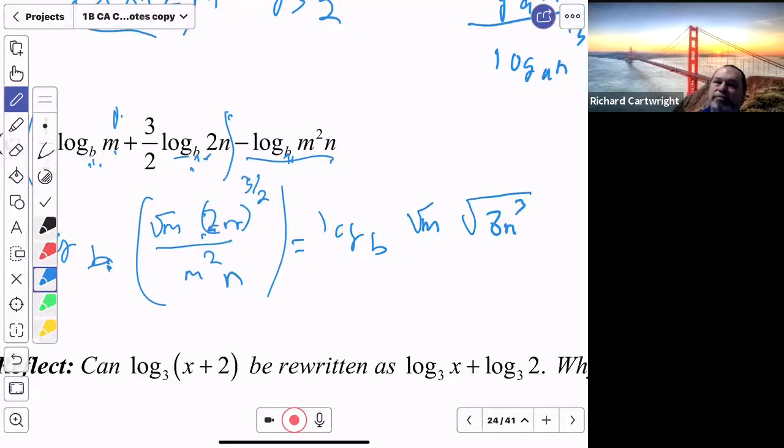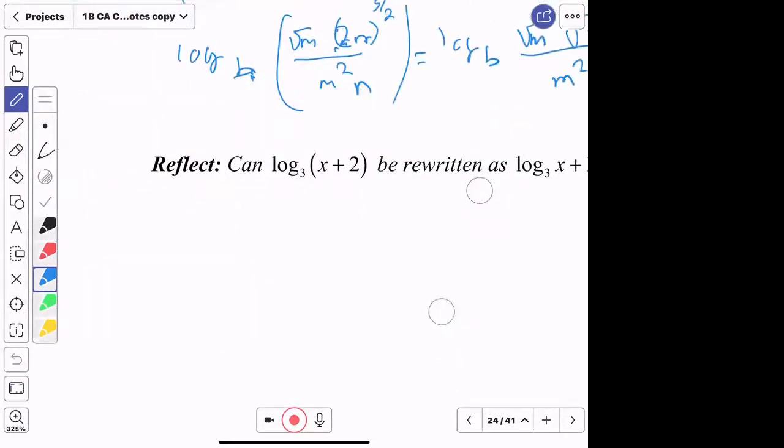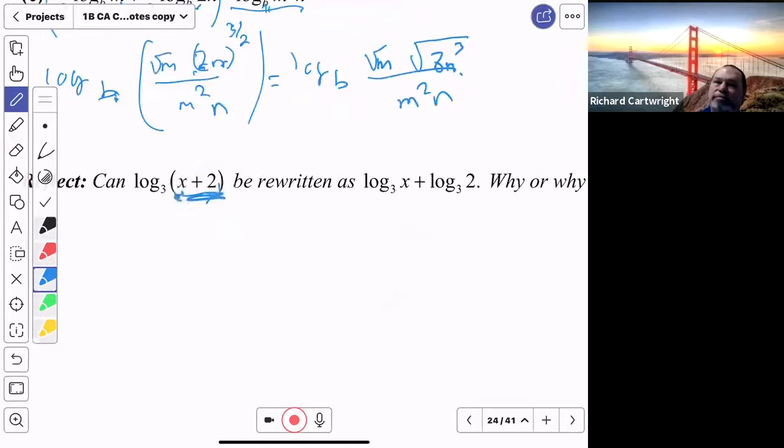Oh, wait, and the n also got n times n times n, cubed over m squared n. You could do that. There's a lot of ways. Sure. You can't break addition inside a log.